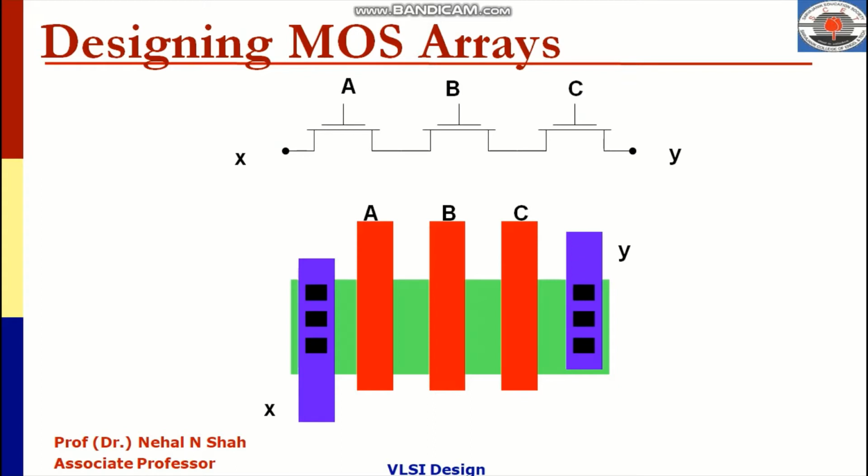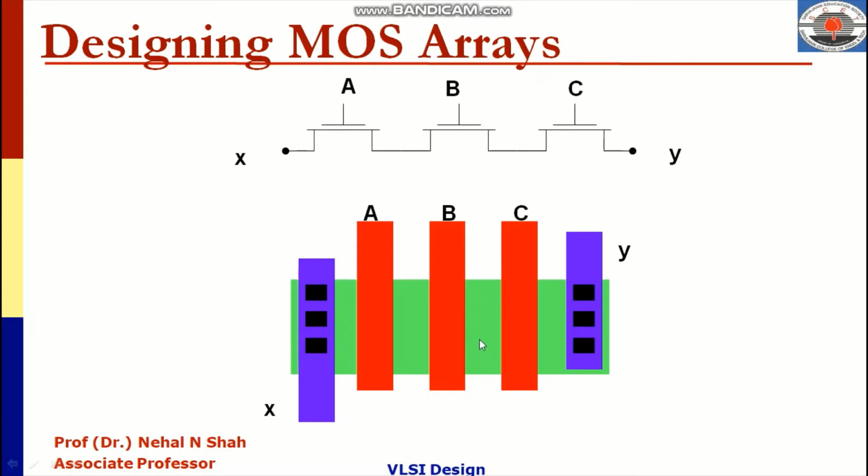If we want to design MOS arrays as shown in this figure, here, three MOS are connected in series. A, B, C are their gates. X is one end of that series and Y is another end.